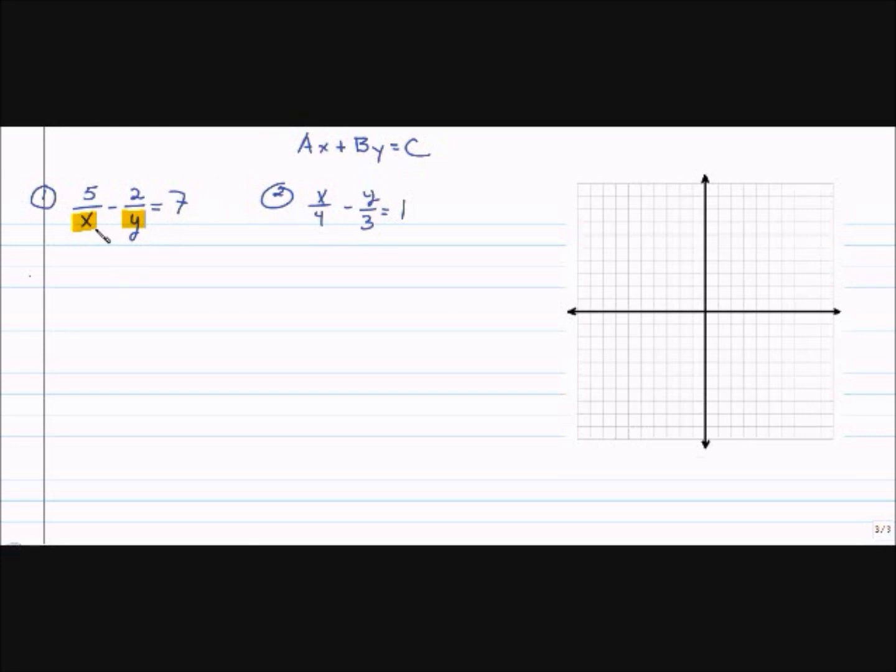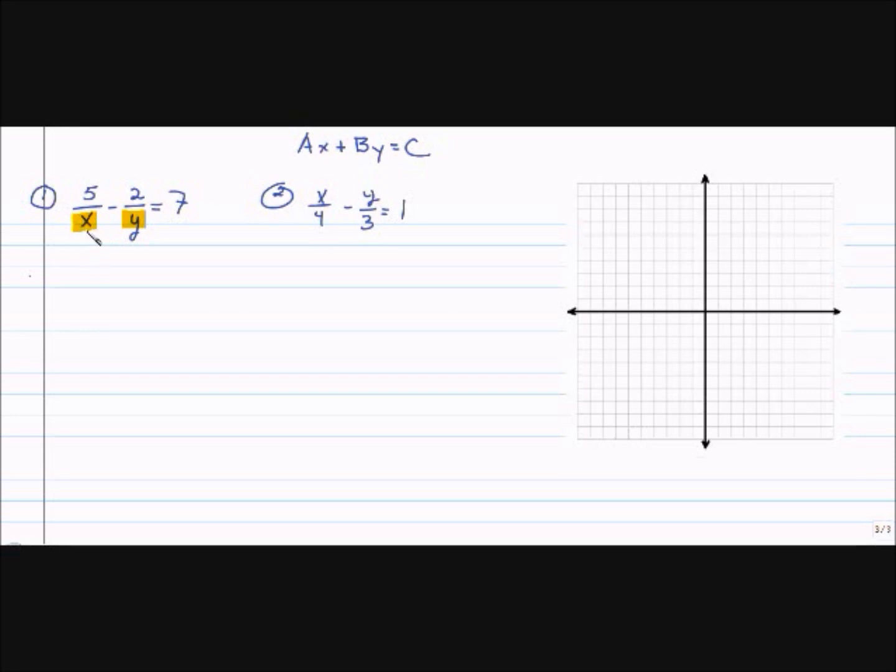When you're trying to get rid of a fraction, you're not really getting rid of it. In a way, you're eliminating it. You're making it look different. You're moving it around.